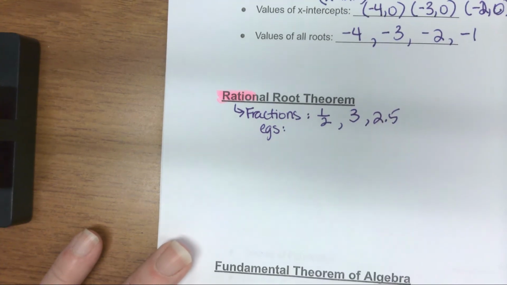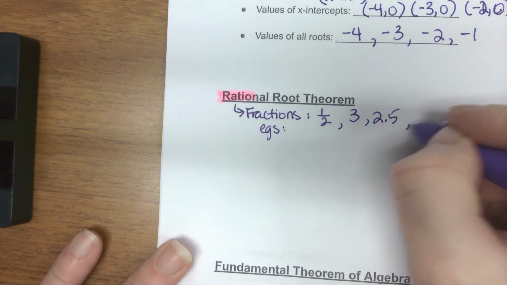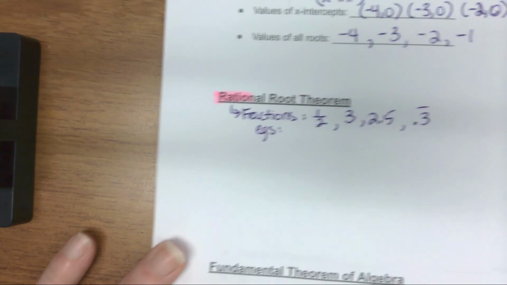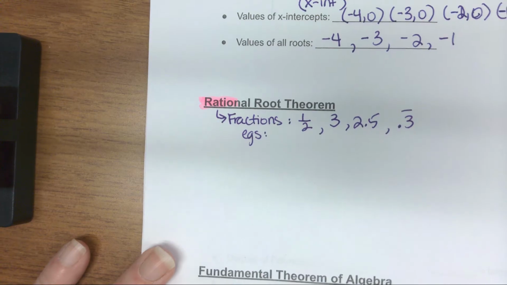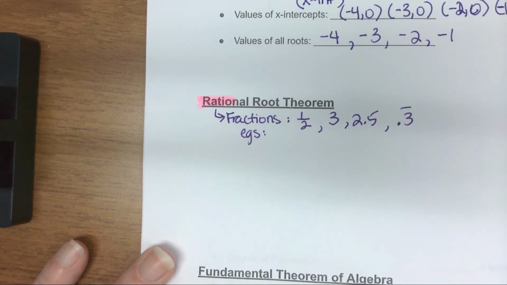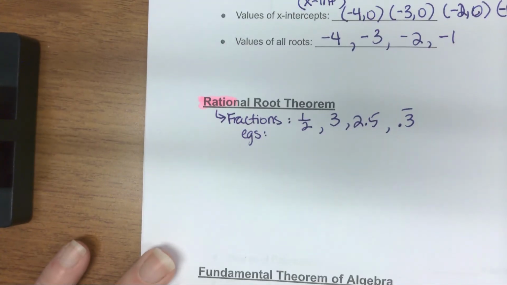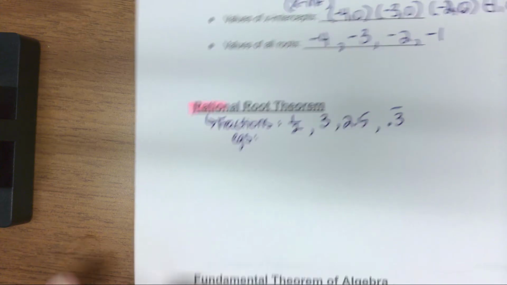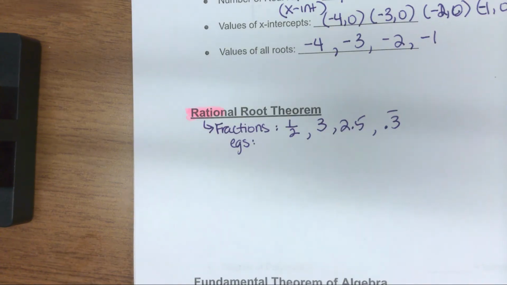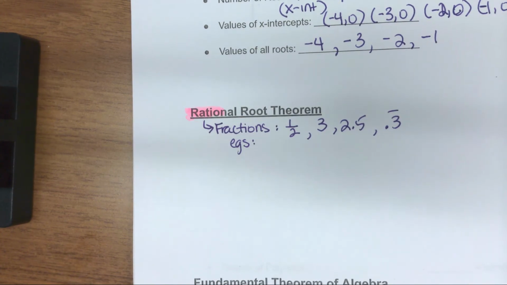Isn't that the same as 5 over 2? How about 0.3 repeating? Could I write that as a fraction? Who knows which fraction that is? It's 1 over 3, okay, so I'm trying to give you things in other forms that you might think about, but they're rational. The big deal here is they are exact numbers.